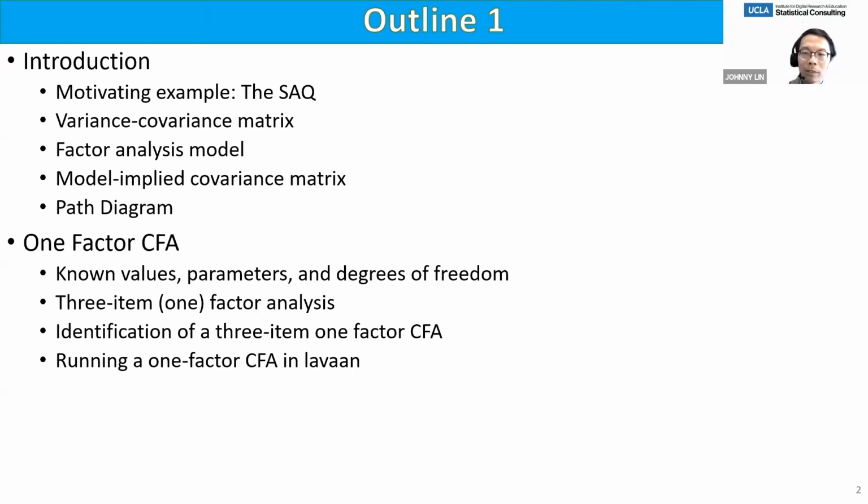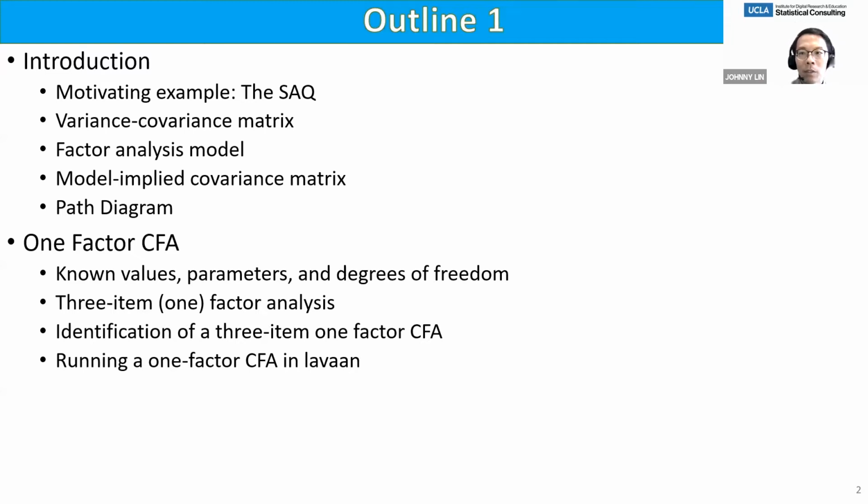We're going to talk briefly about the variance covariance matrix. If you're not familiar with matrix algebra, it's just a way to describe the CFA model, and it's a very important element of it. So I want all of us to understand that before we jump into CFA. And then the model itself, what a factor analysis model is.